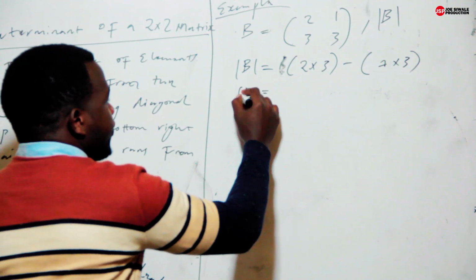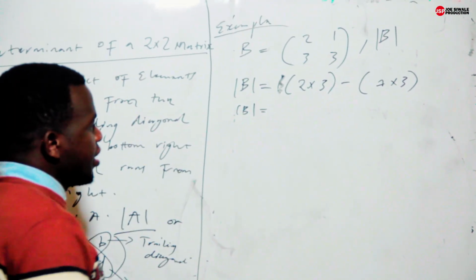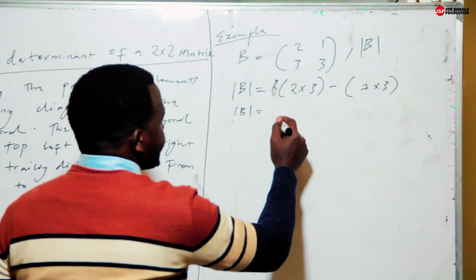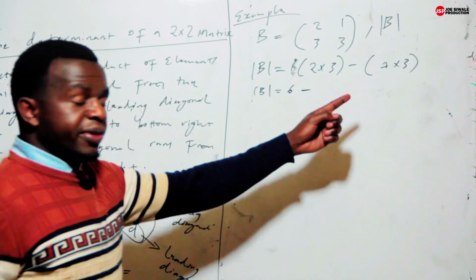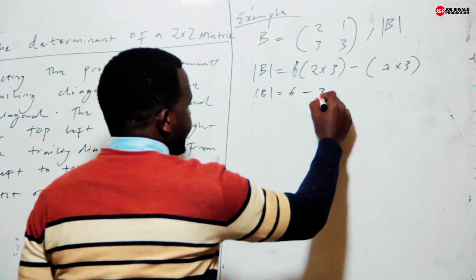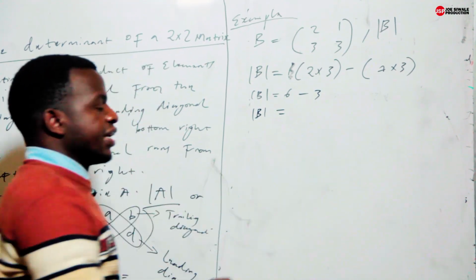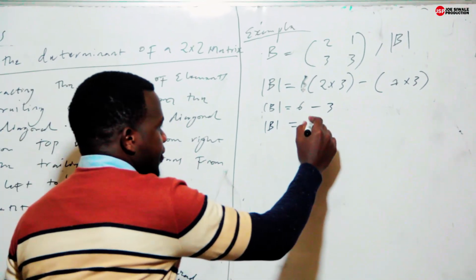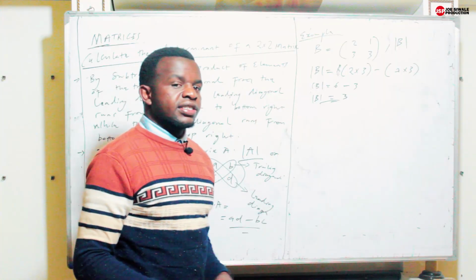So 2 multiplied by 3, we are going to have 6, minus 1 multiplied by 3, we're going to have 3. So the determinant of B there, 6 minus 3, we're going to have 3. So that's how you can find the determinant.